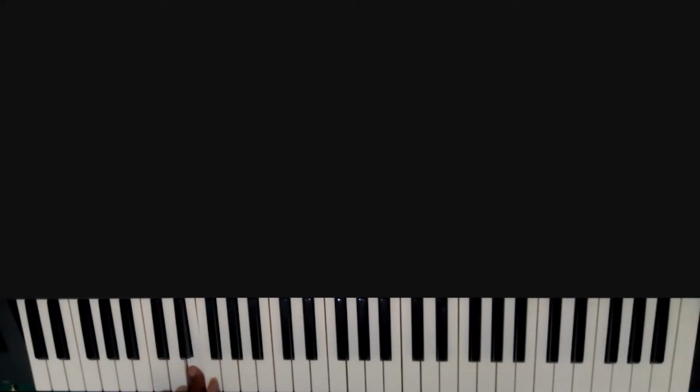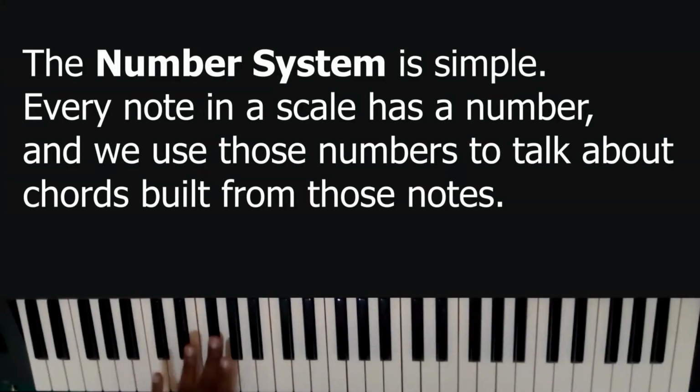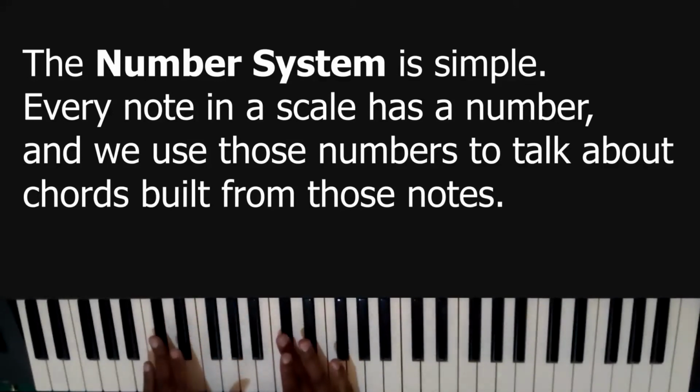Then here you can call it 1 or 8 because you're back to the beginning, back to F. So if you can see 1, 2, 3, 4, 5, 6, 7, 8 or 1. Okay? So if you're in C sharp, you're beginning in C sharp. So 1, 2, 3, 4, 5, 6, 7, 1. Okay? So yeah, that's the number system.